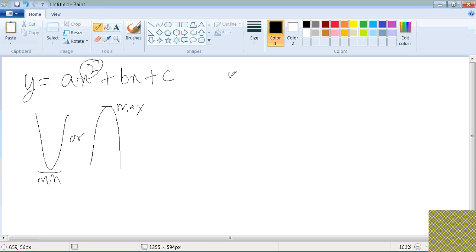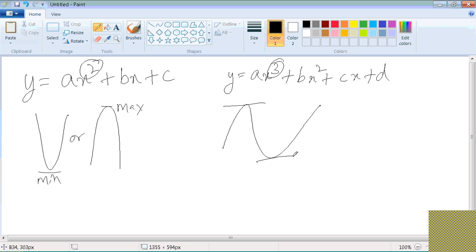And if you look at a polynomial which is, say, third degree, like that, where the highest order is of number 3, then you should know that the curve will have one of each, right? The max and min point. Could be like this as well.